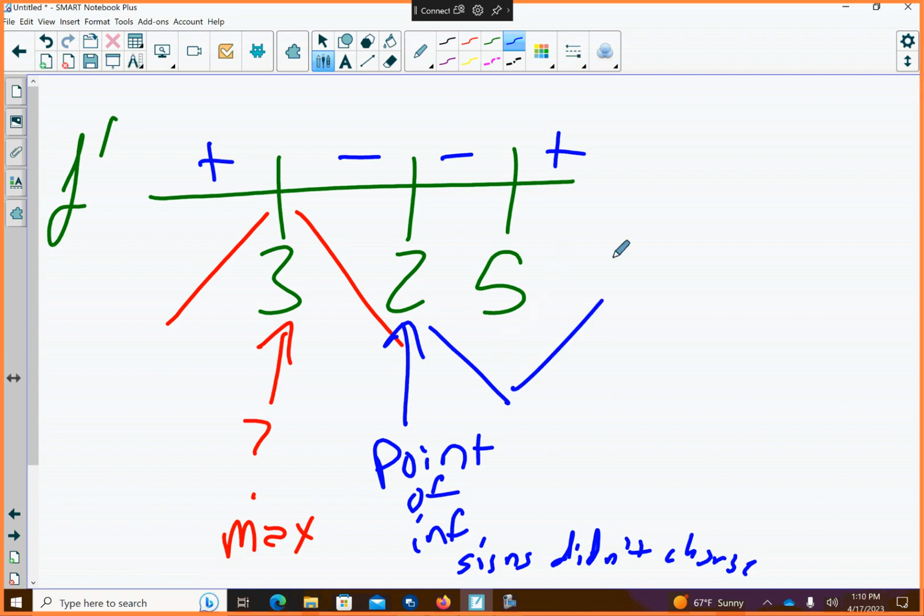And then what happens at 5? This is a minimum. And they call them local minimums or local maximums, but that's basically the ins and outs of everything that you've dealt with. Okay? Friends, do you feel comfortable with that? Yeah. All right.